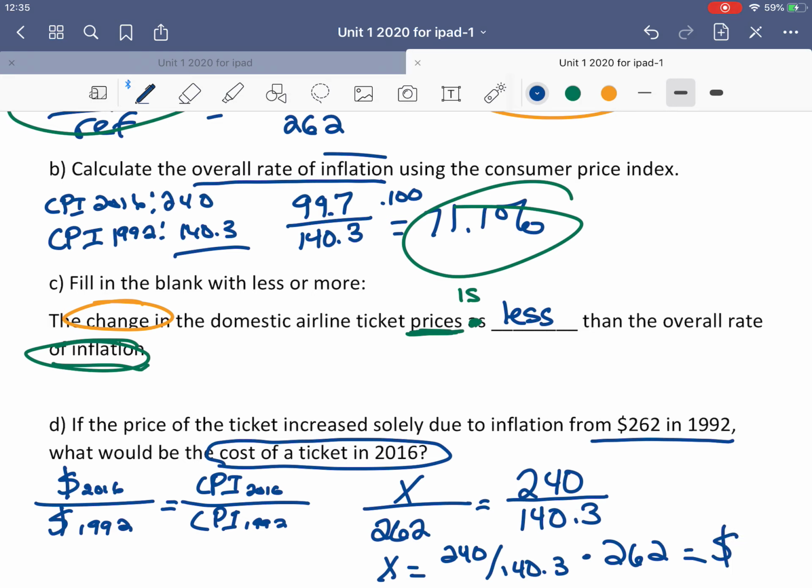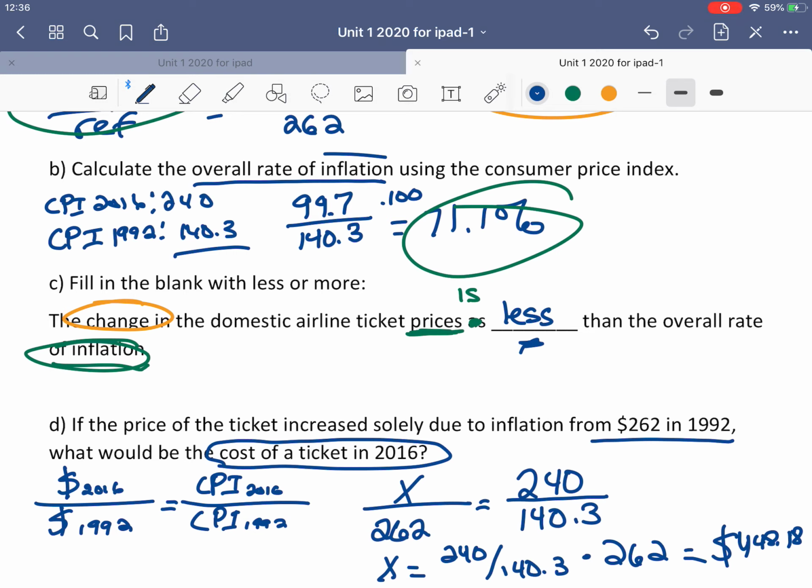And I don't know what that is. 240 divided by, I get $488.18. So we see that actual price was $428, and if it had just been inflation, it had been about $20 more. And so here we can see that the actual price was lower than what inflation would have dictated, and that again leads us to this answer of less.